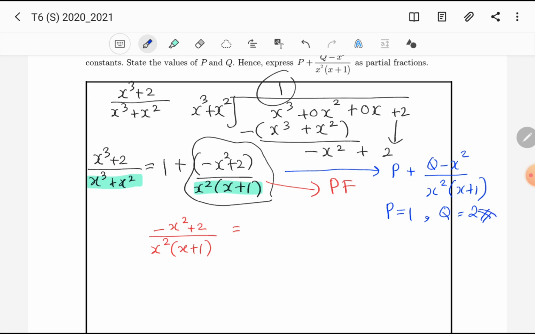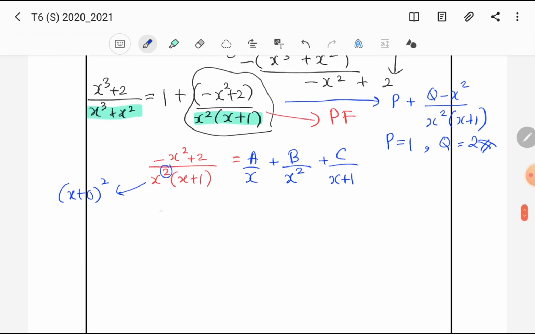Okay, settle dulu first part. Okay, hence express as partial. Yang inilah yang saya tengah buat tadi. Okay, so walaupun ni nampak x kuasa 2, tapi sama je dengan x plus 0 squared. So, we still can use linear factor. So, dia akan jadi a over x power of 1 first, b over x squared, and c over x plus 1.